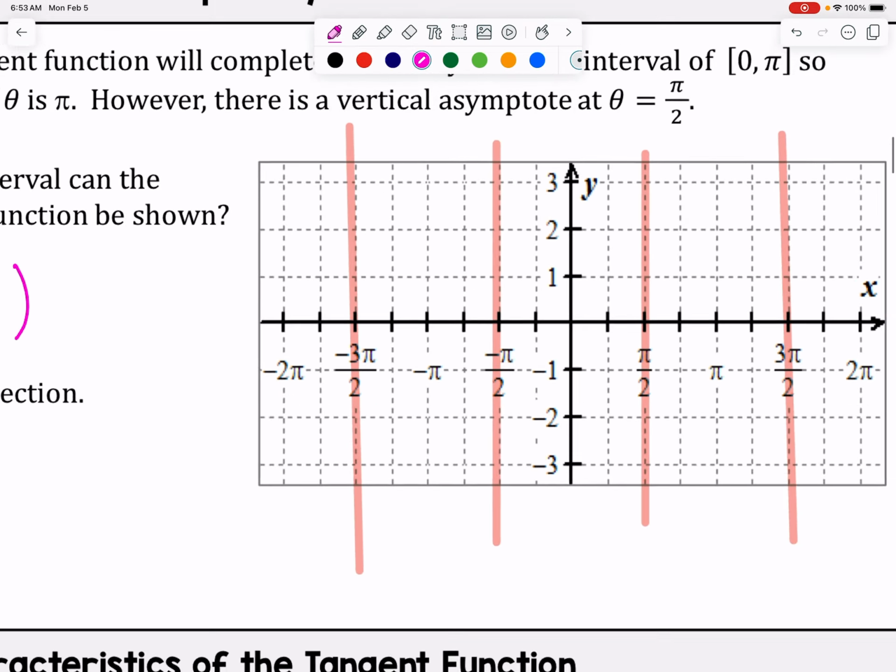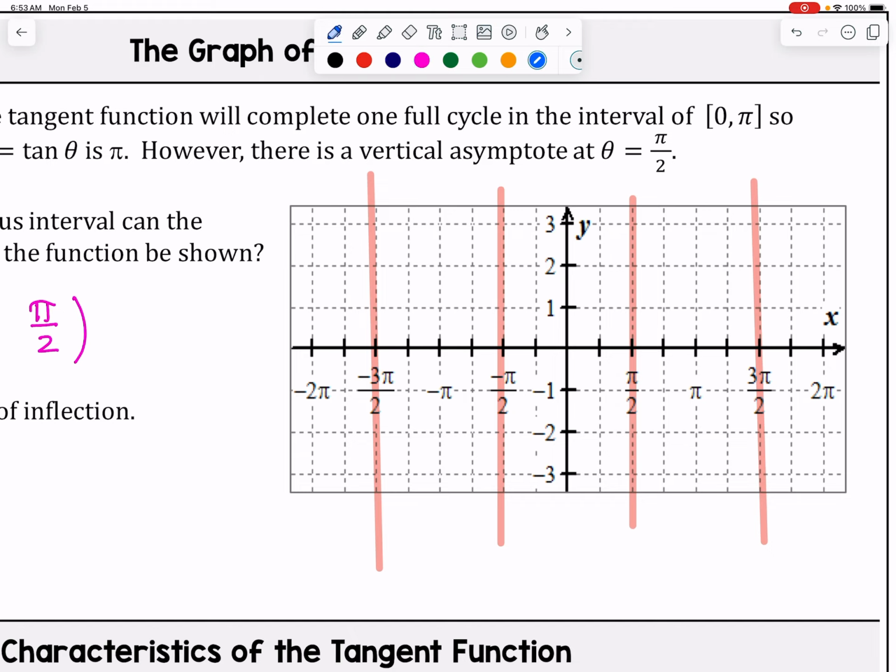So this is what our tan function would look like. It's at 0, and then at pi over 4 it's at 1, and at negative pi over 4 it's at negative 1. And that is just going to repeat every single time. So there it is. Tangent rises from left to right.